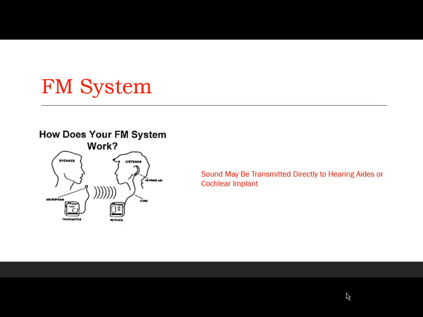However, in this case, that teacher is sending this signal to a little device that's attached to the individual's either their hearing aid or cochlear implant, so it can go directly to that hearing aid or cochlear implant. They show kind of a large device that the person is wearing, but it need not be that big. It can be just a very small little device attached to their hearing aid.